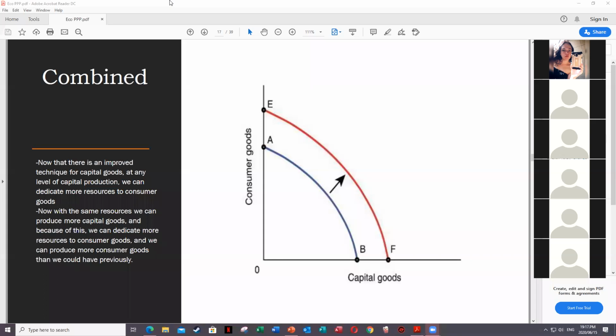That was showing consumer goods and capital goods. The graph before this one, please.